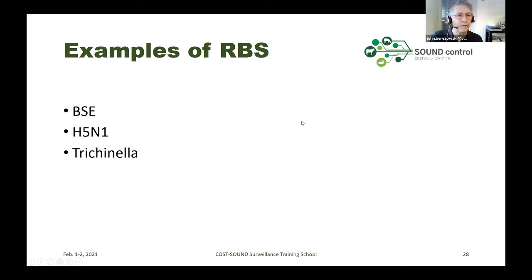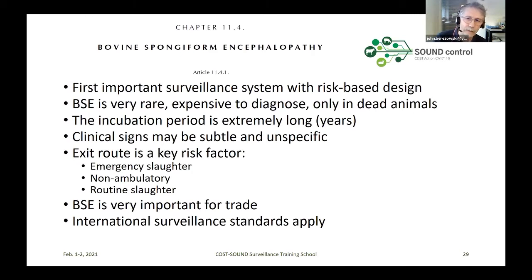So I think I have time to look at a couple of examples. I want to talk about BSE and then H5N1 and then hopefully Trichinella, because they're three totally different approaches to risk-based surveillance. So BSE is really the first important surveillance system with a risk-based design.